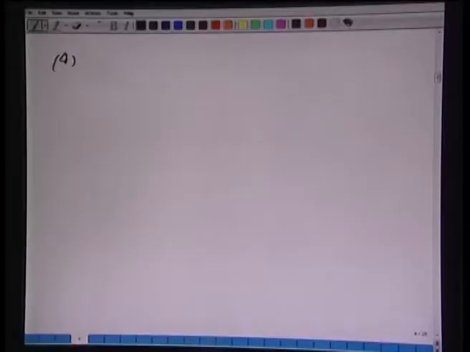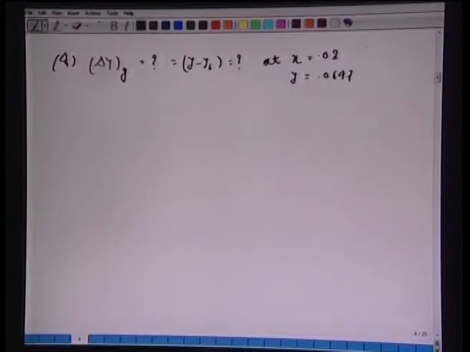This is the last part of the question where we have been asked to calculate del y, the driving force based on the gas film, or y minus yi, at the location where x was 0.02, and we calculated y corresponding to this x as 0.0647 in the previous part.